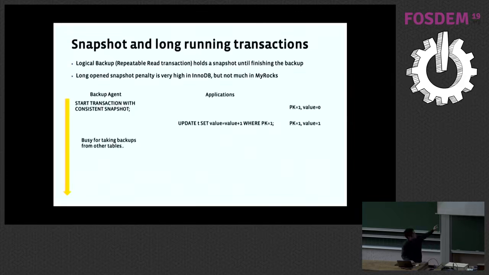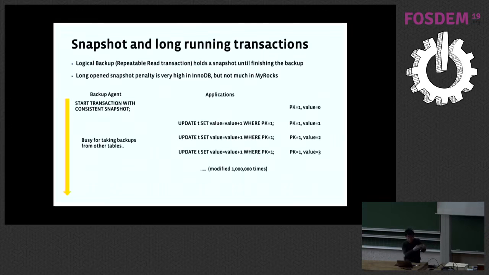On the other hand, there is a table T, with primary key equal 1 and value equal 0. And there are some other applications updating that value, incrementing value equal value plus 1 many times, like once, twice, three times, and updating many times, up to like 1 million times. Then after 1 million times, the value becomes 1 million.